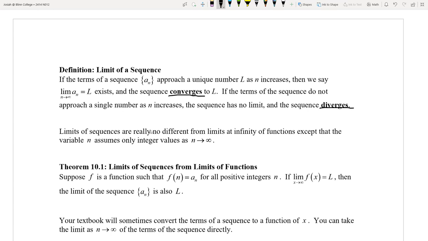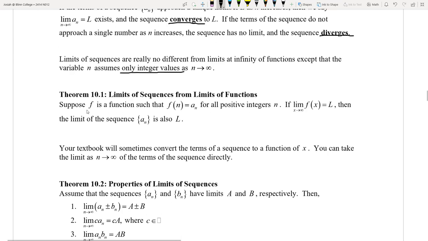Limits of sequences are really no different from limits at infinity, except we are talking about n, and it's only integer values. So how can we figure out, based on what we know from functions, how can we move it into this realm of only integer values? We have a theorem for that. So we have f is a function with f of n equal a sub n for all positive integers. That's our sequence.